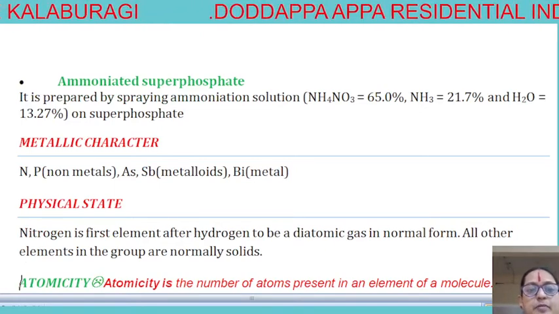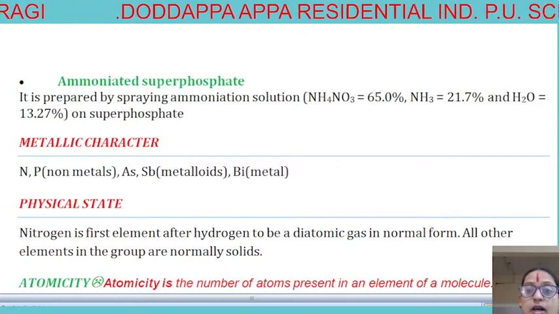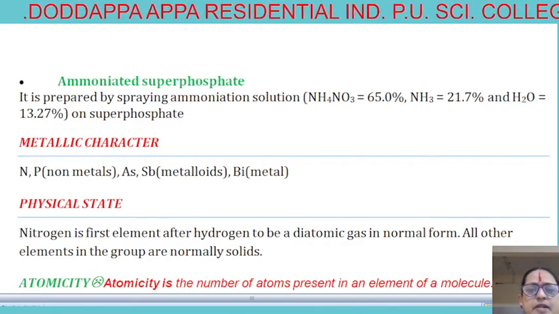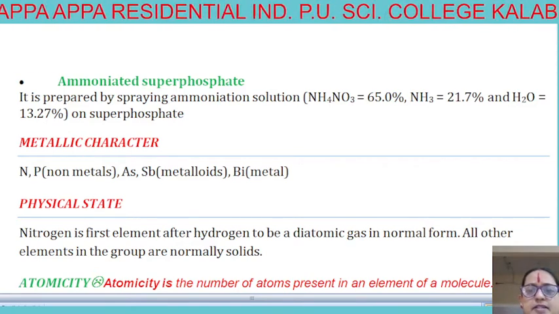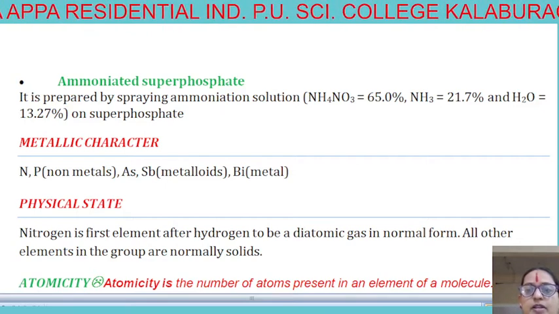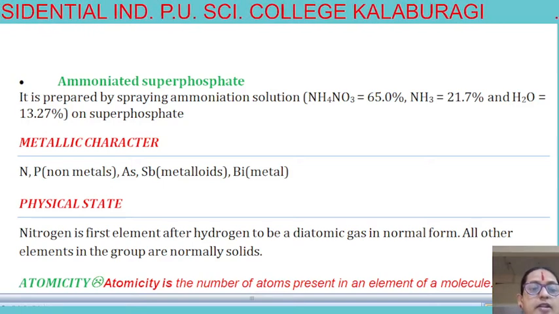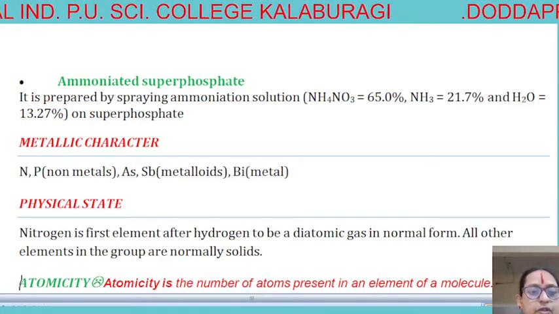This can be prepared by spraying an ammoniating solution of ammonium nitrate, ammonia and water on superphosphate, mixed at particular percentages: ammonium nitrate 65%, ammonia 21.7%, water 13.27%. These are all sprayed on superphosphate to form ammoniated superphosphate.